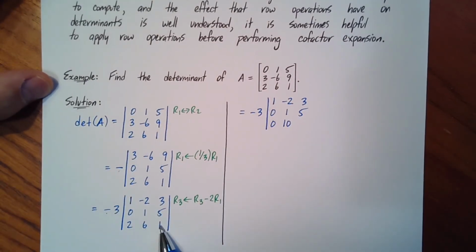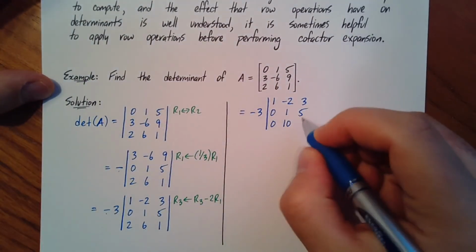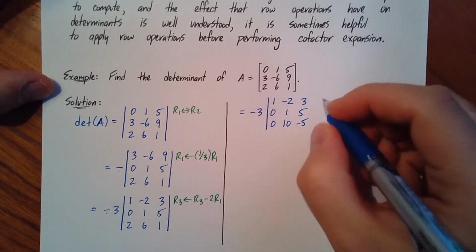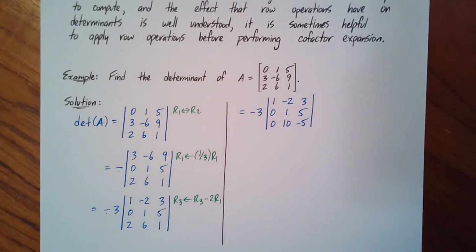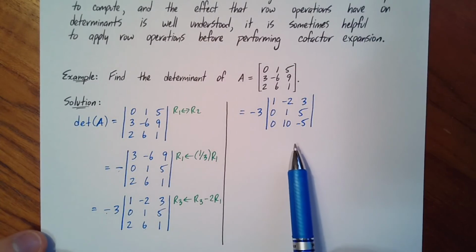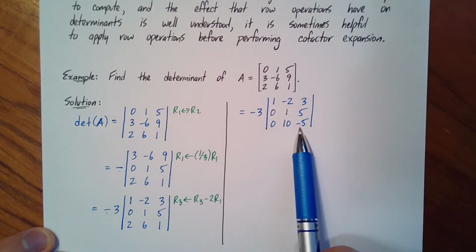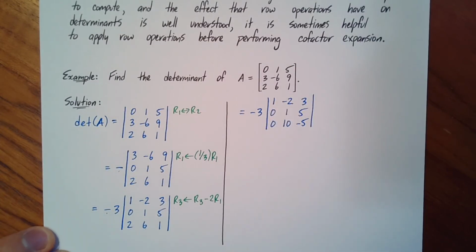Then we'll have 1 minus 2 times 3, that's 1 minus 6, which is -5. So this is actually almost upper triangular, which would be a good place to stop, but it's not quite there. So we just need to do one more operation.